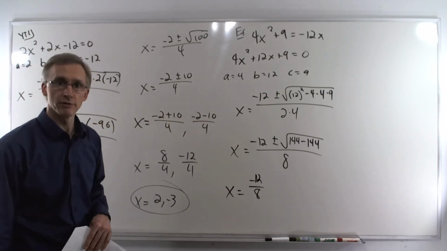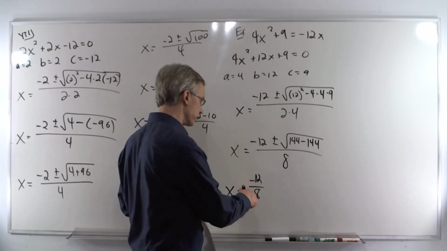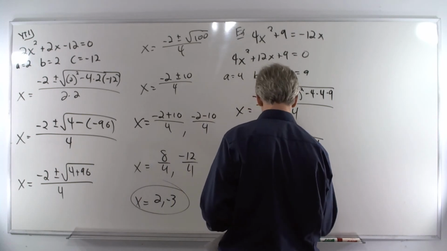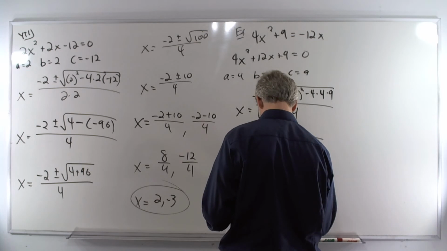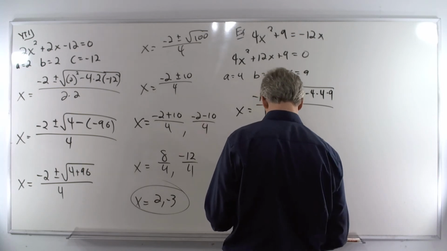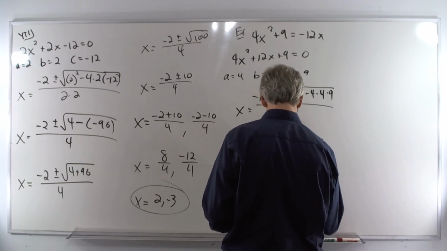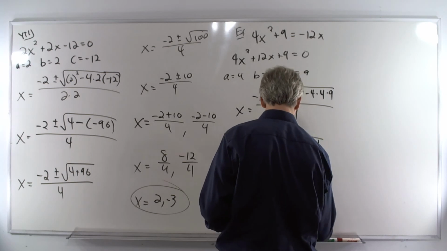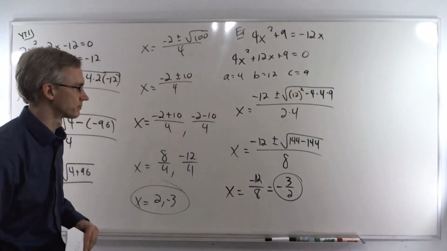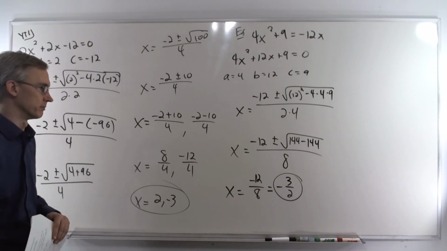So that reduces down to negative 12 over 8. We could reduce this fraction. And we get negative 3 halves. We just get one solution.